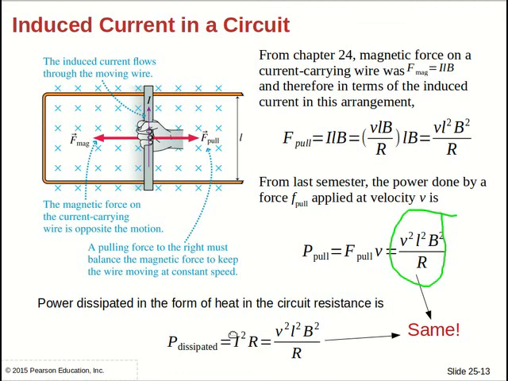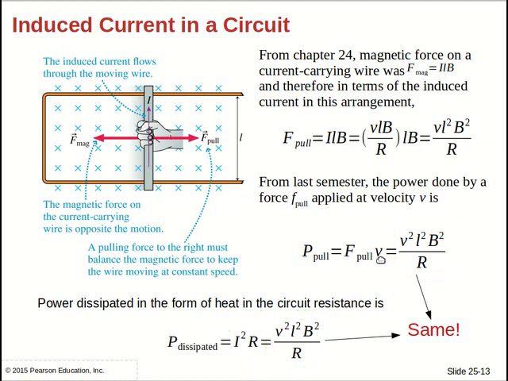Well, that power dissipated, we learned before, is the current squared times the resistance in the circuit. So if I take the current from the previous page and square it and multiply it by the resistance, I get that the power dissipated in the wire for a bar moving at velocity v of length L in a magnetic field strength B with total resistance R is equal to v squared L squared B squared over R, which is the same as the power delivered by the pull.